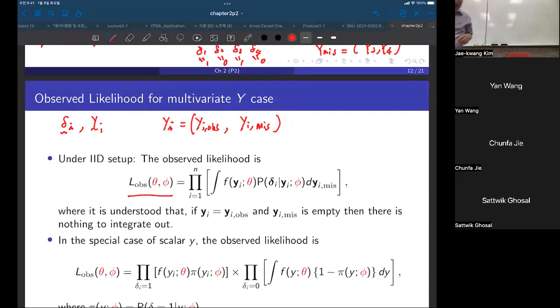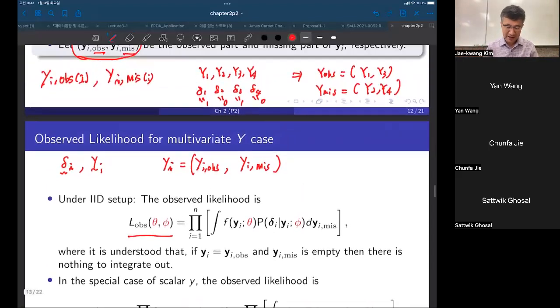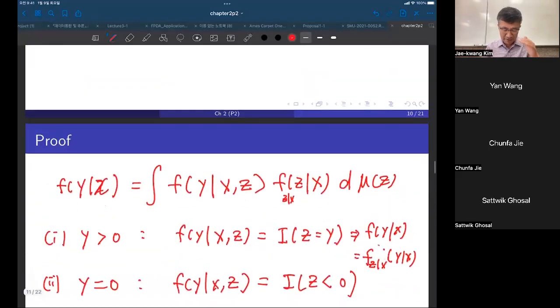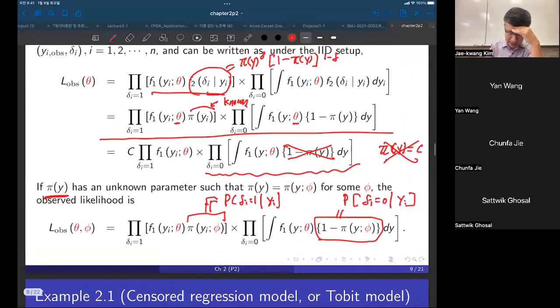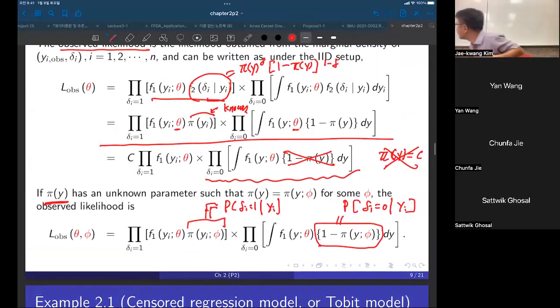Remember for scalar y, we wrote delta equal to 1 and delta equal to 0 separately, each with a different form.